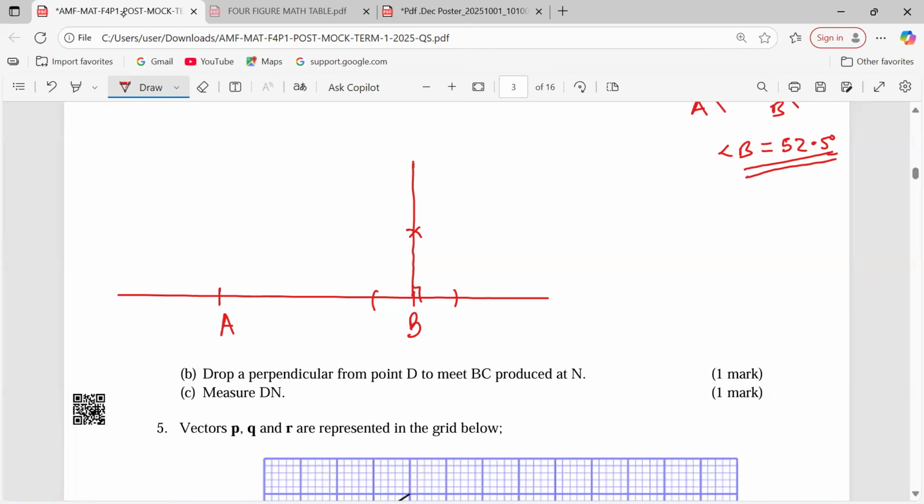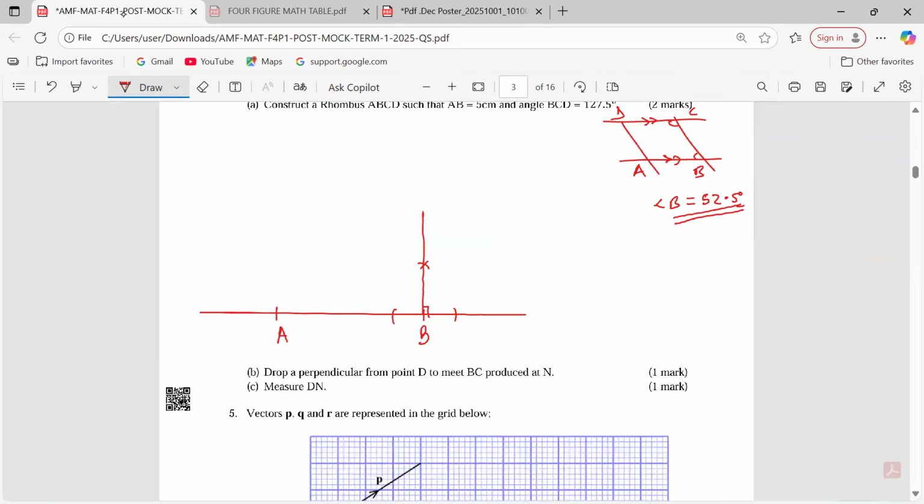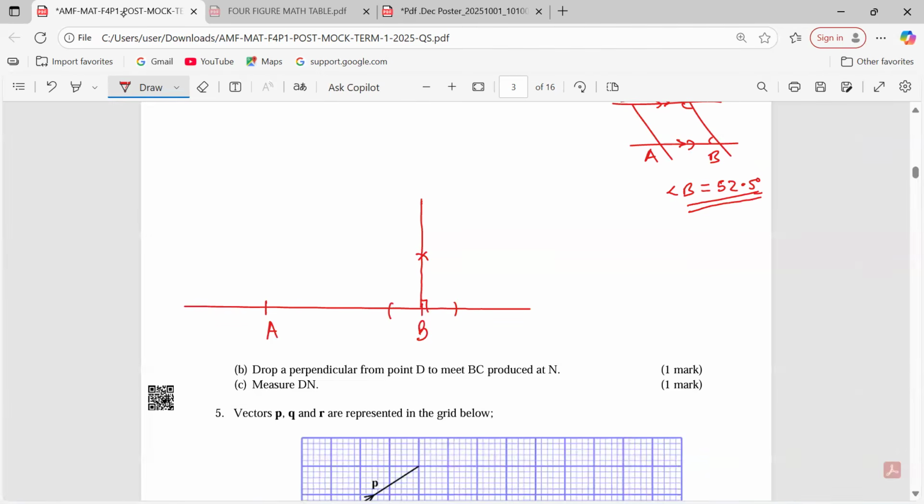I just want to construct some 60 degrees somewhere, because my intention is to get 52.5. With 52.5, we may need 45. So we can first bisect the 90 here, because 90 bisected gives us 45.